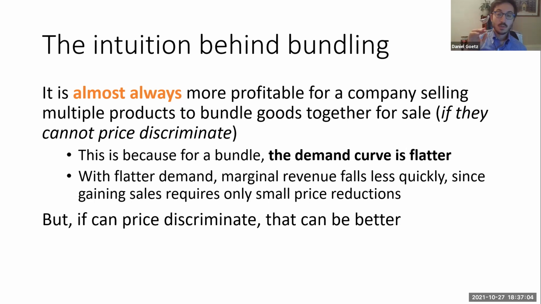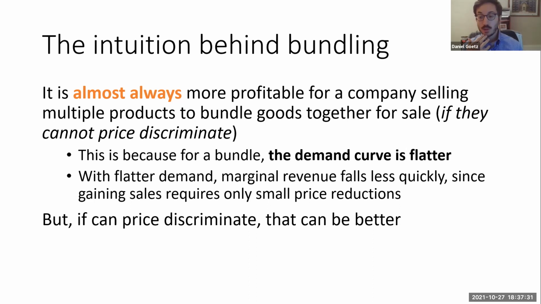So bundling leads to flatter demand curves. It leads to more homogeneous valuations, and that's going to lead to marginal revenue falling less quickly. And so we can charge one price and still capture a lot of the value in the market.